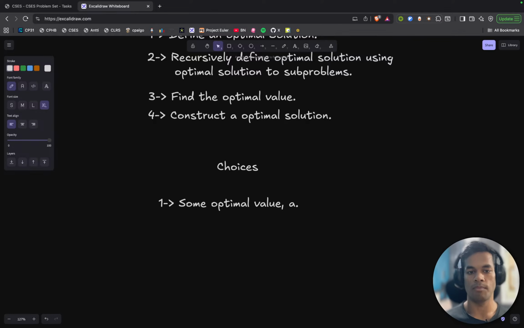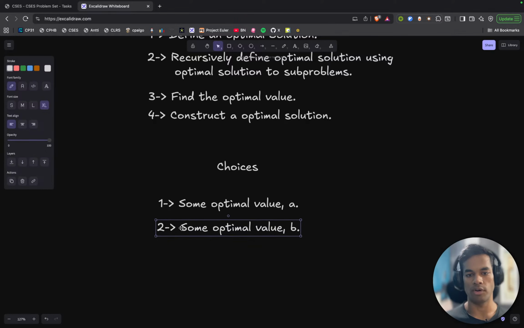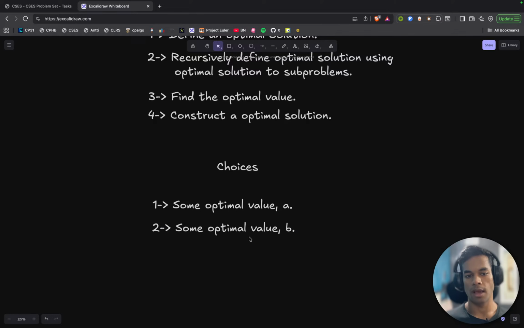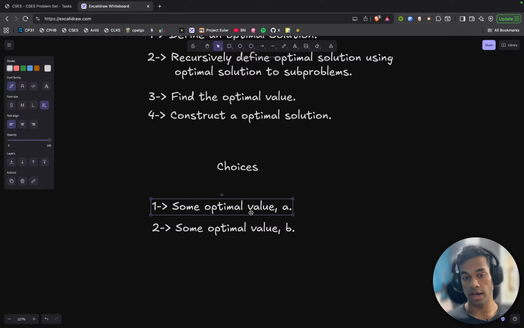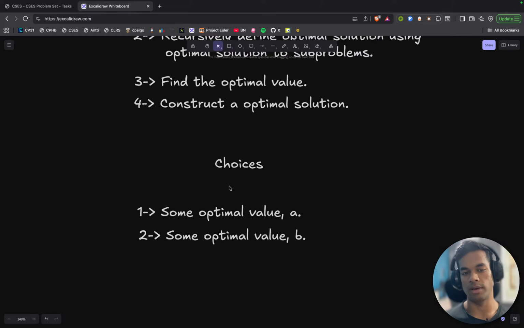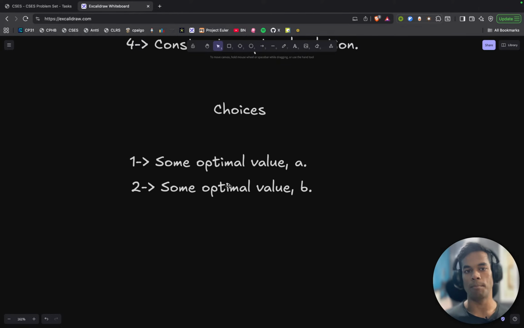And that could mean something like, if you make choice 1, you get some optimal value, let's say A, and if you make some choice 2, you get some optimal value B, and so depending on the number of choices, you will get different optimal values. You have to see all of these optimal values and compare.